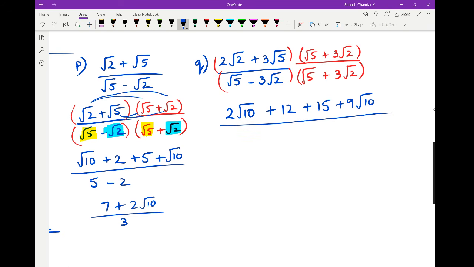And as for the denominator, square root of 5 times square root of 5 is 5, minus 9 times 2, which is 18. So 12 plus 15 is 27, plus 11 square root of 10, divided by 5 minus 18, which is going to be negative 13.